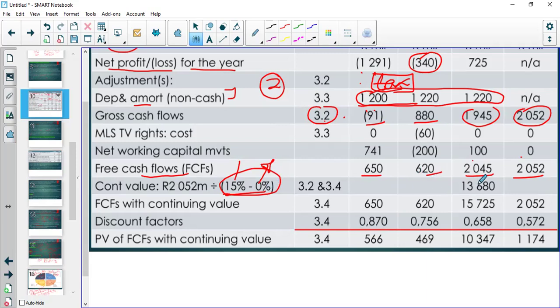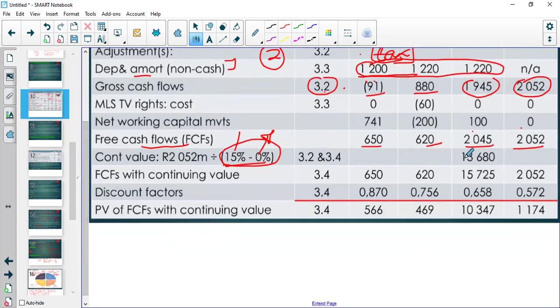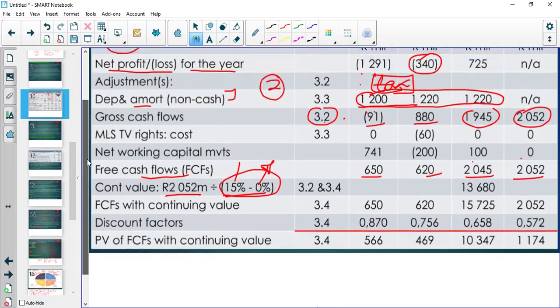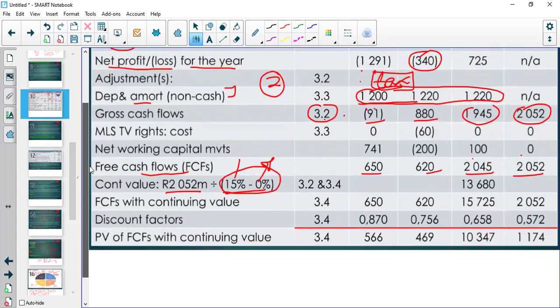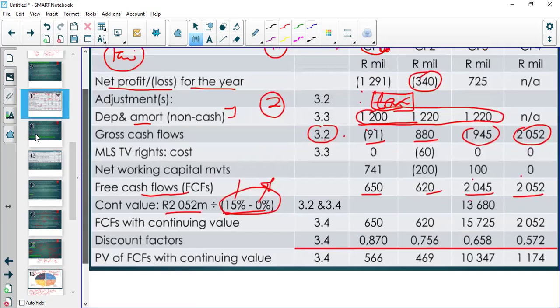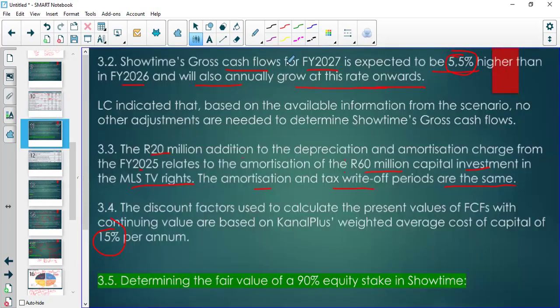Right. Free cash flows. So what is this continuing value? How is it calculated? 2052. Okay, so 2052 is the gross cash flow for 2027, and we have been told that from 2027 onwards, it's going to grow at 5.5%.